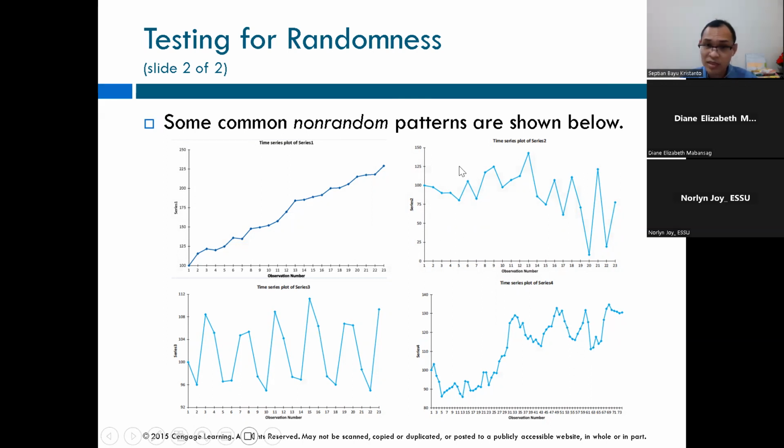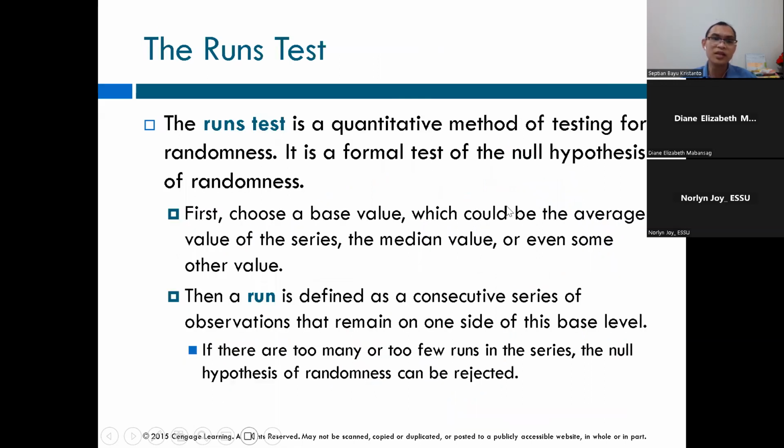Sometimes we could be in a downward trend, but we have a graphical cycle in it. So how to ensure that our data is random or not, you need to do the run test. The run test is a quantitative method to test randomness. Next week, we will apply the run test using our statistical software.